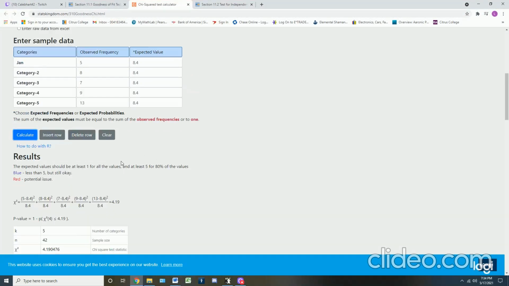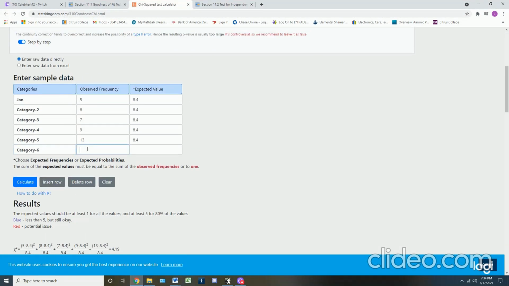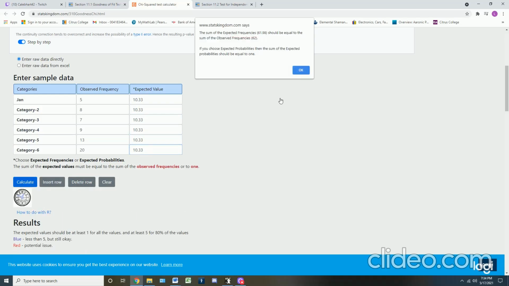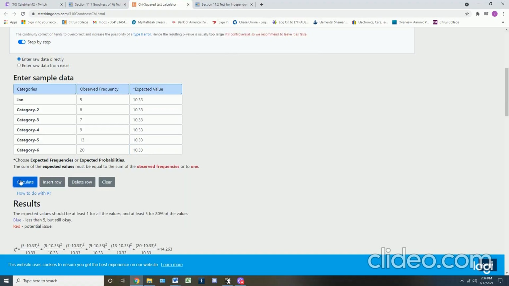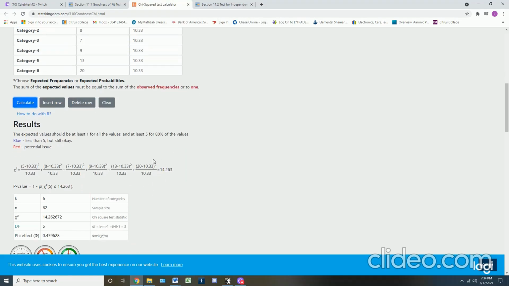So we're just going to add a category in this case, make this 20, and we have to change all these to 10.33 instead. Calculate, and there we go. So our chi-squared value is 14.263.